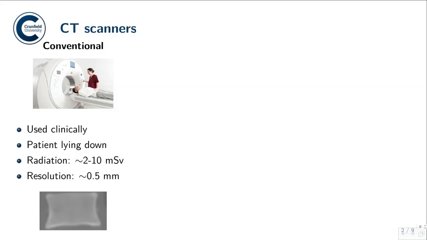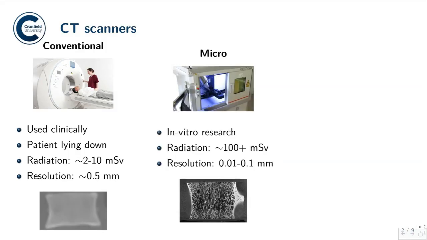Then there's the micro CT scanner, which is used in in vitro research because the radiation is very, very high. It's about 100 times the conventional radiation, but the resolution is also very much higher. So it can only be used on small animals or inanimate objects or bone samples and stuff like this.